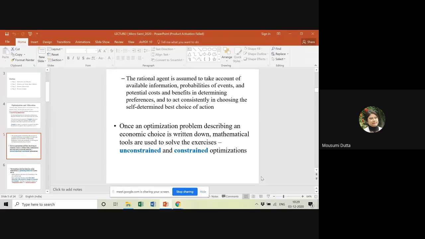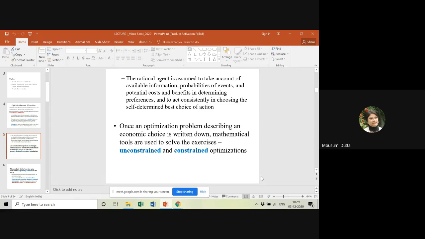The rational agent is assumed to take account of available information, probabilities of events, and potential costs and benefits in determining preferences, and to act consistently in choosing the self-determined best choice of action.